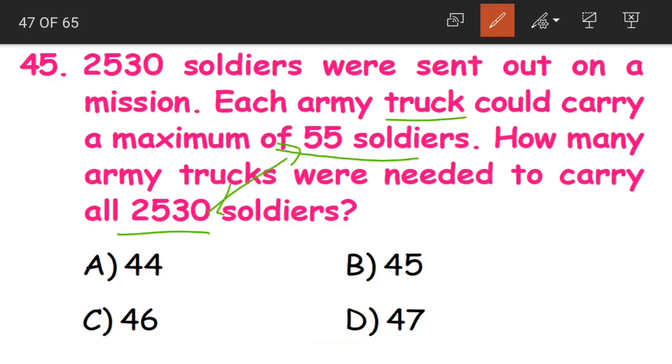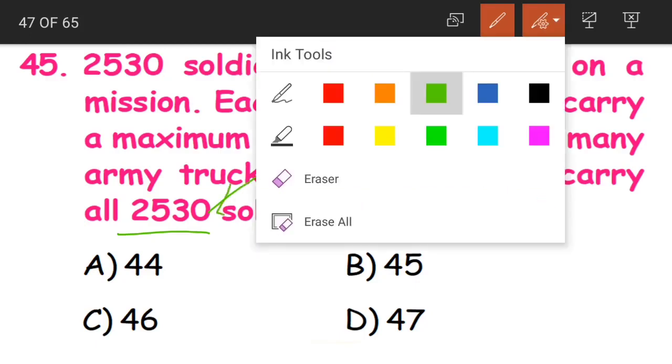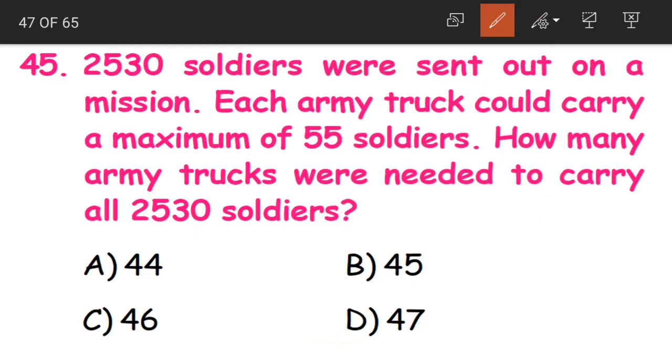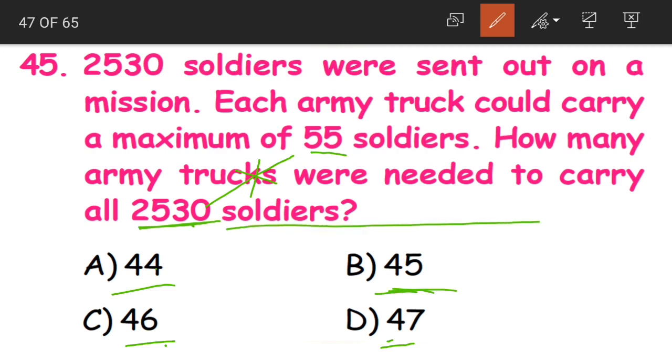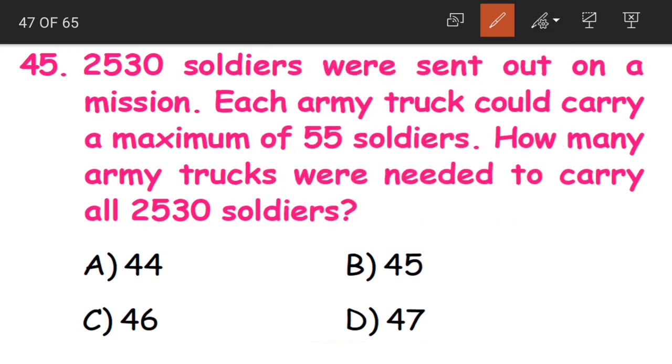We should divide. Or else, if you get confused whether to multiply or divide, look at the options, children. All the options are 2-digit numbers. If you multiply this 4-digit number and a 2-digit number, will the answer be a 2-digit number? No, it will be a bigger number. So it is not multiplication, it is division.